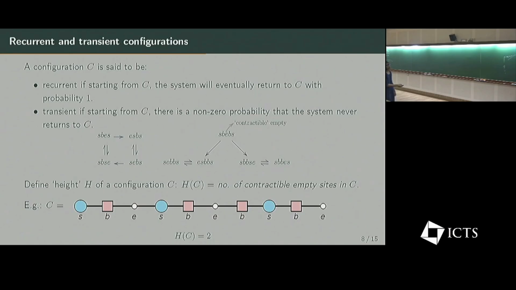So this is also a contractible empty site, and this is not contractible because once this box is pushed to the side, the Sokoban can push it back to its original position. So this configuration has two contractible empty sites. This is the height of the configuration.